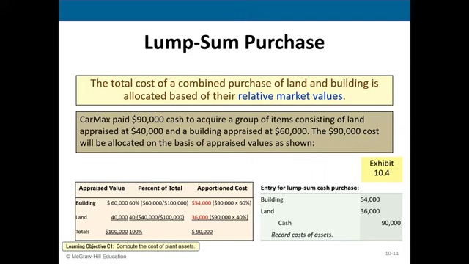For the land, we took that $90,000 times the 40% apportioned rate. That gets us 36,000. Add 54 plus the 36, that gets us to the 90. So this is an example of lump sum purchase. Not all that common. Why do businesses do it, you might ask? You can see we got a 10% discount, right? Because we paid in a lump sum rather than over time.